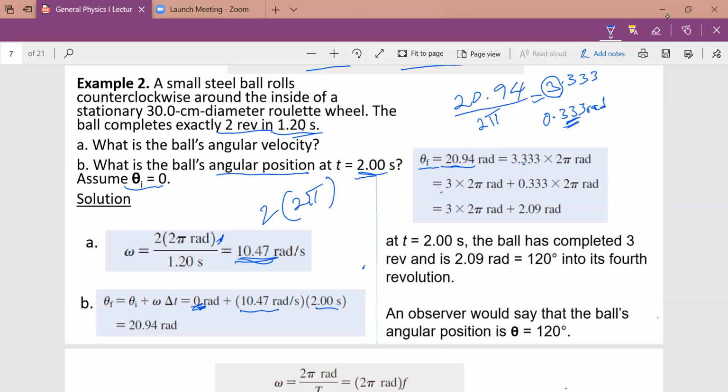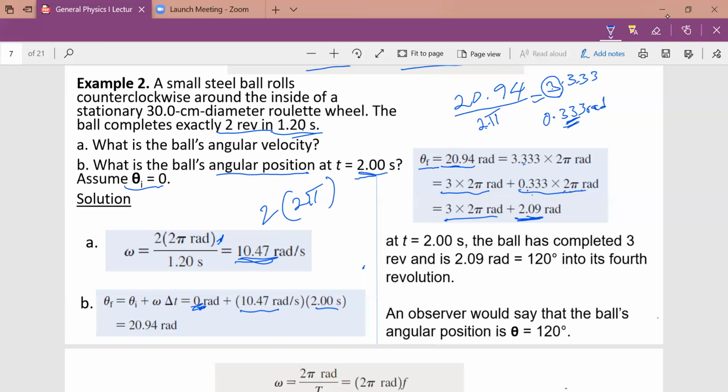So we have 3 revolutions completed, and then this fraction. Multiplying 0.333 by 2 pi, we'll have 2.09 rad, and we want to convert this to degrees.